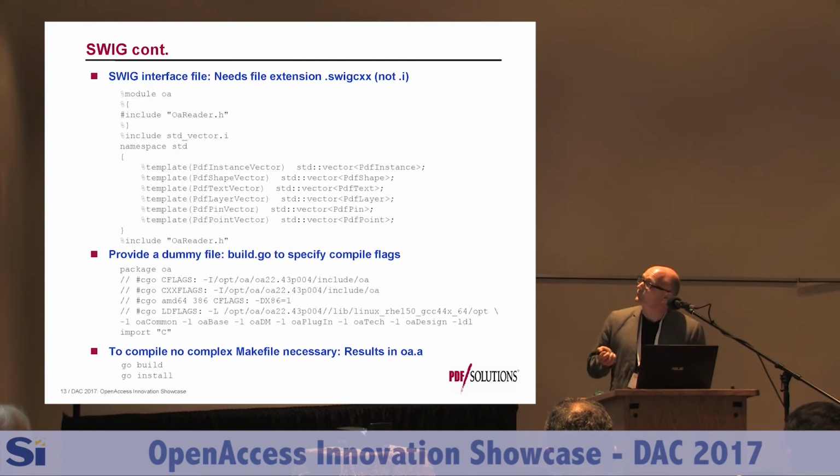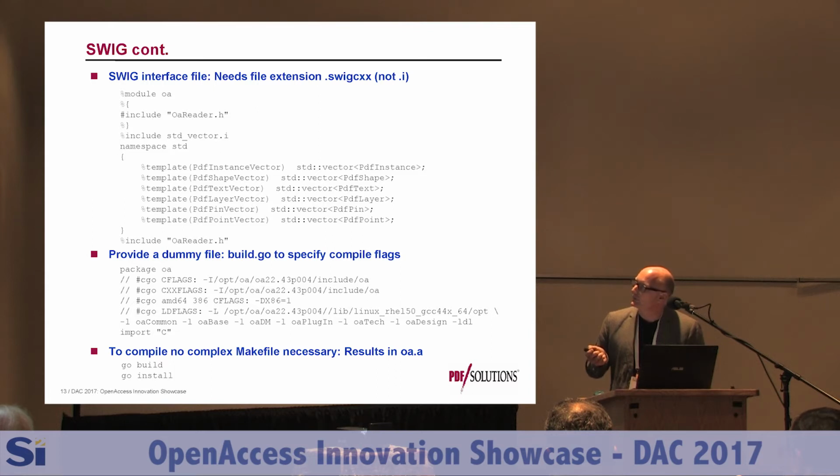Now, to make this compile, you define a so-called interface file. Here is a note. Typically, you call these files .i. In the case of Go, you need to call it .swigcxx. If you use C, you call it .swigc. I'll tell you later why. The only thing you do is include your header, where you defined your classes.